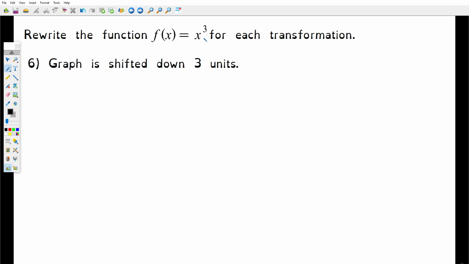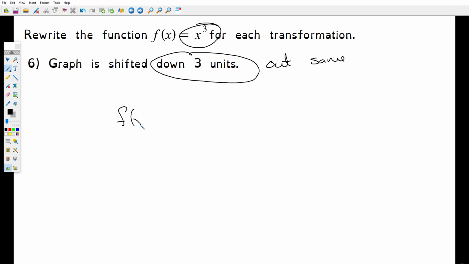If I want to rewrite this function, let's go ahead and do the transformations. Down is going to be outside, and it behaves the same when it's outside. So I want to go outside of the function, down 3, subtract 3.